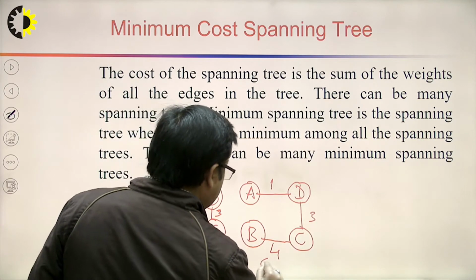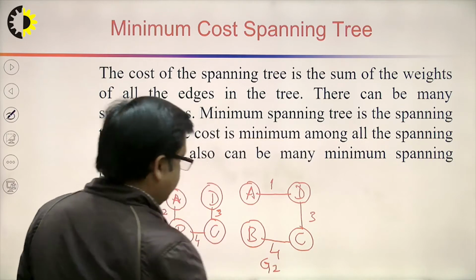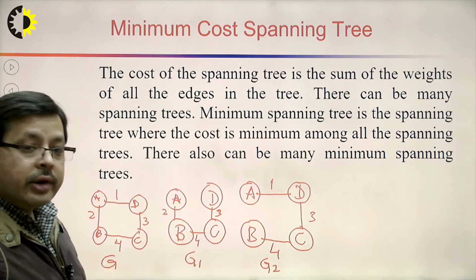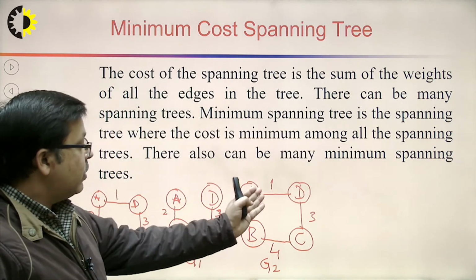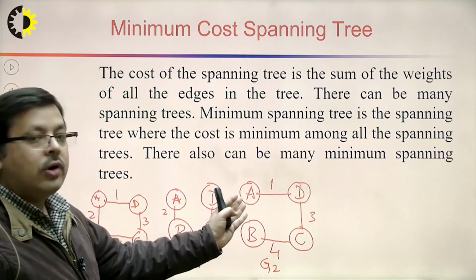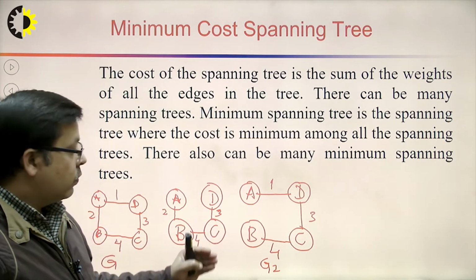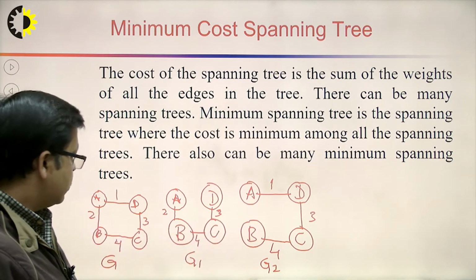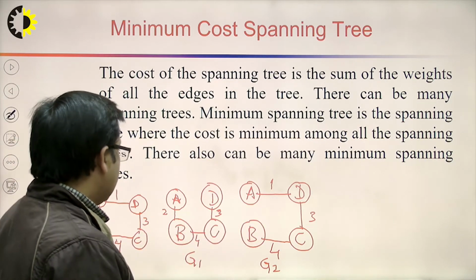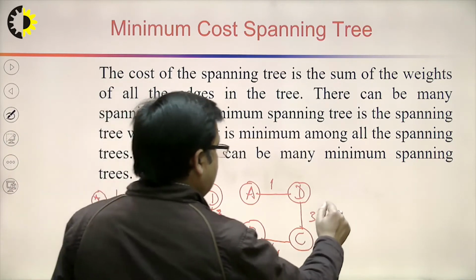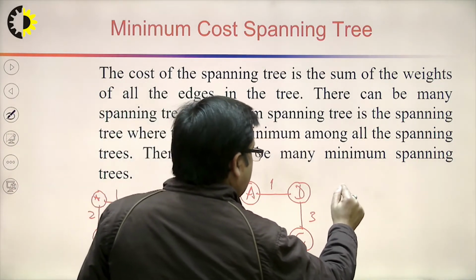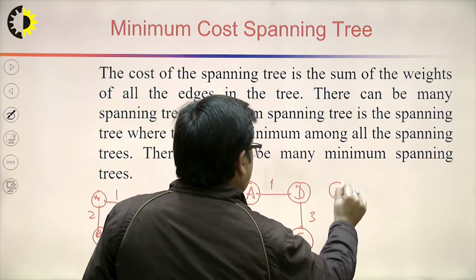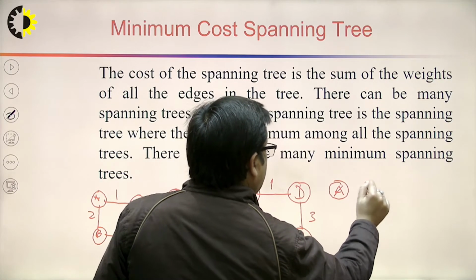We name this graph G2. This is also a spanning tree. The number of edges is 3 and the number of vertices is 4, so the vertices are fully connected. So this is also a spanning tree. Now let us see another version of the graph. Let us say again we remove another edge.